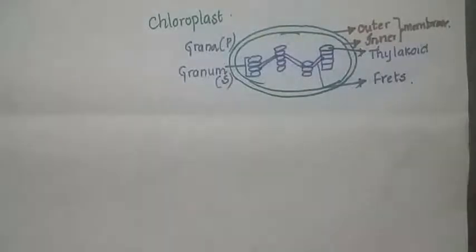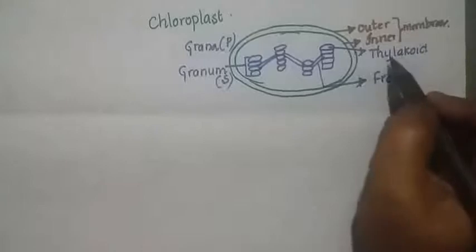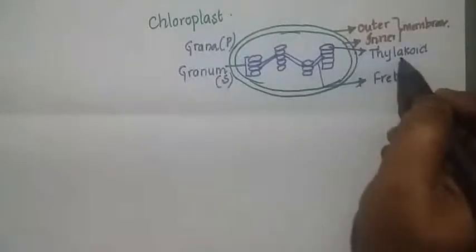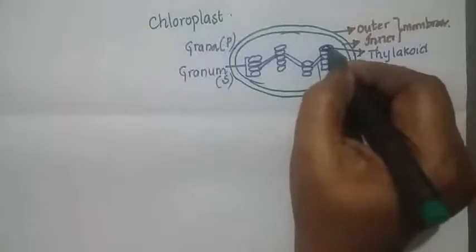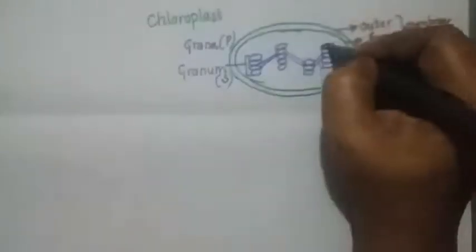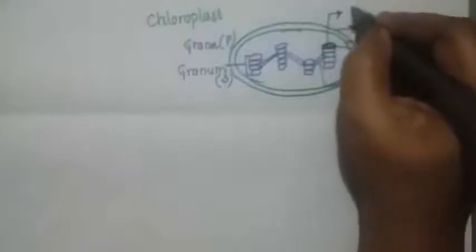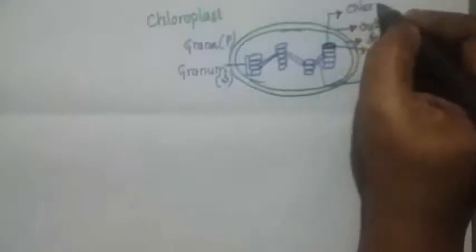Then in each disc-like structure or thylakoid, in the inner wall we find a pigment, that is chlorophyll.